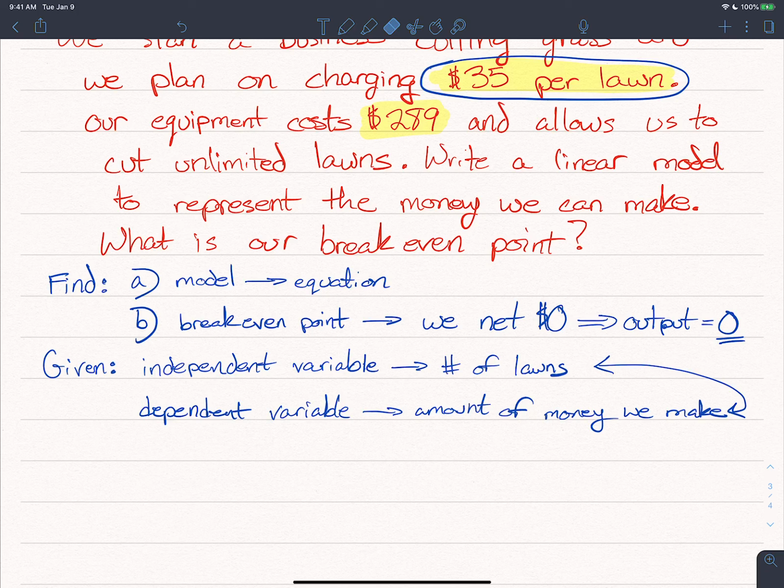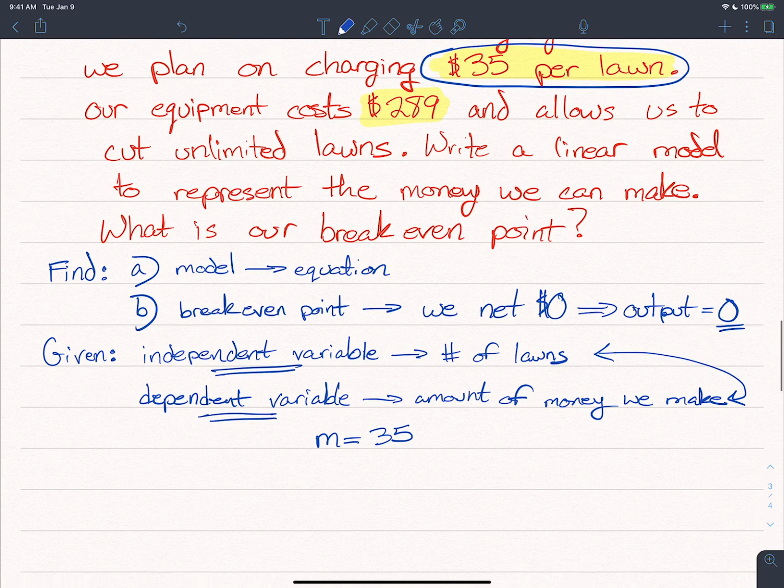And whenever we have that relationship between our independent variable and our dependent variable, we know that that is going to be our slope. So in this case, the problem is giving us that our slope is 35. That's our slope because it's $35 per one lawn. So if we're counting how many lawns we cut, we know how much we're making for each lawn.